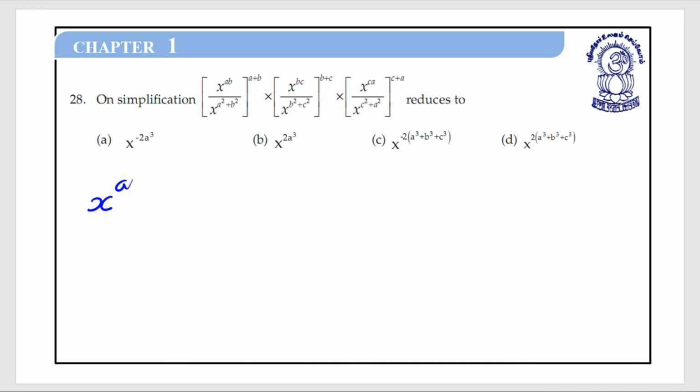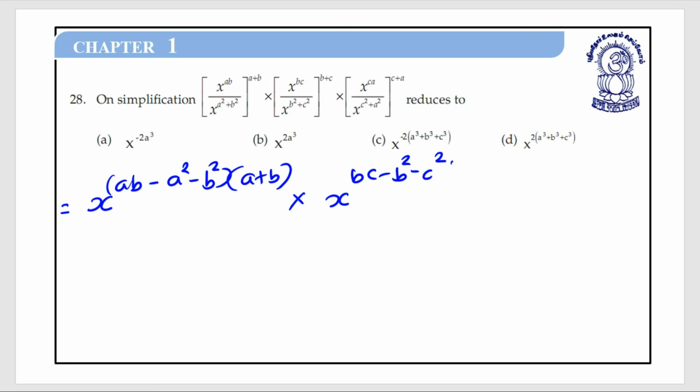like previous example, ab minus a square minus b square, a plus b, into x raised to bc minus b square minus c square, b plus c, into x raised to ca minus c square minus a square, c plus a.